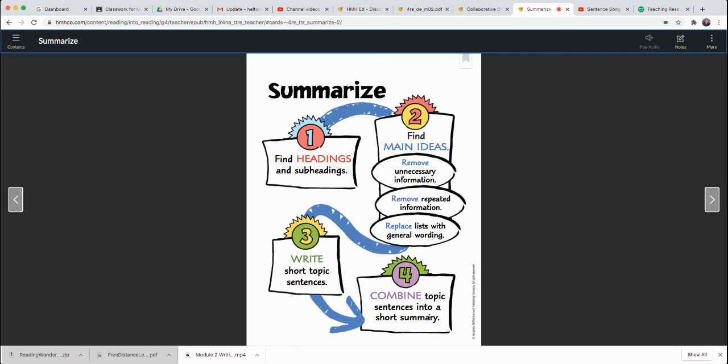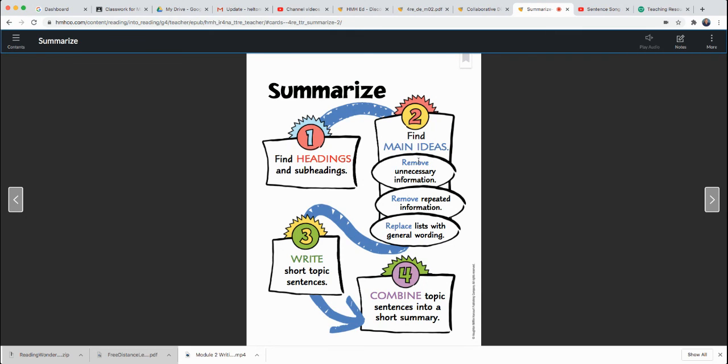So if we were going to summarize the story we just read, what would we do? Well, we would talk about the headings and subheadings. We could say it talks about how we see with light, how our eyes work, how animals see, how different places on your eyes being on different places of your head cause you to see differently.